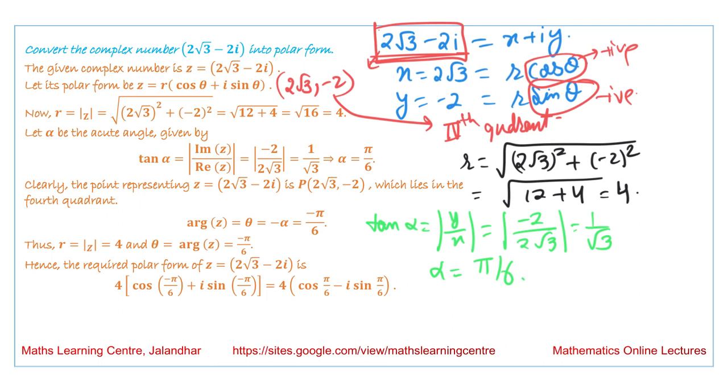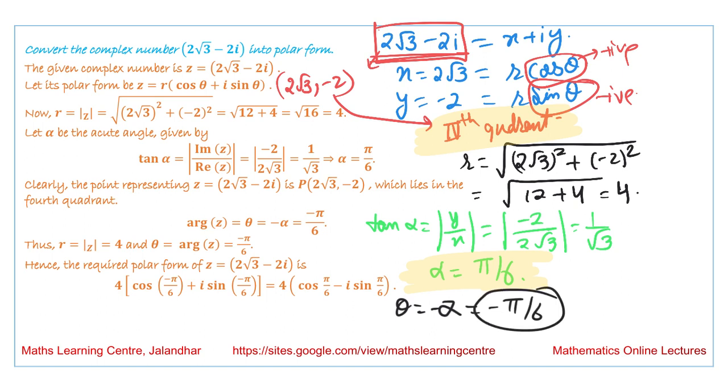Now the number lies in the fourth quadrant, and the value of alpha is pi by 6. So the value of theta will be minus alpha, that is minus pi by 6.